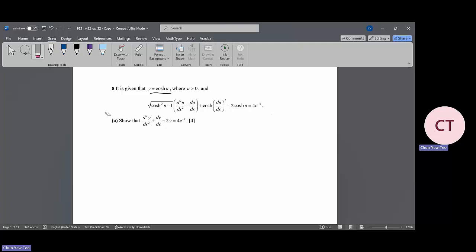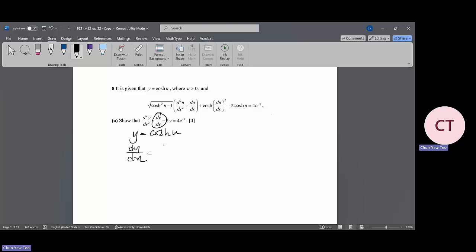So what you need to do is you start from here, y. So your dy over du, but I need to find dy over dx. So I will find dy over dx. Since it's like that, I need to use implicit differentiation.